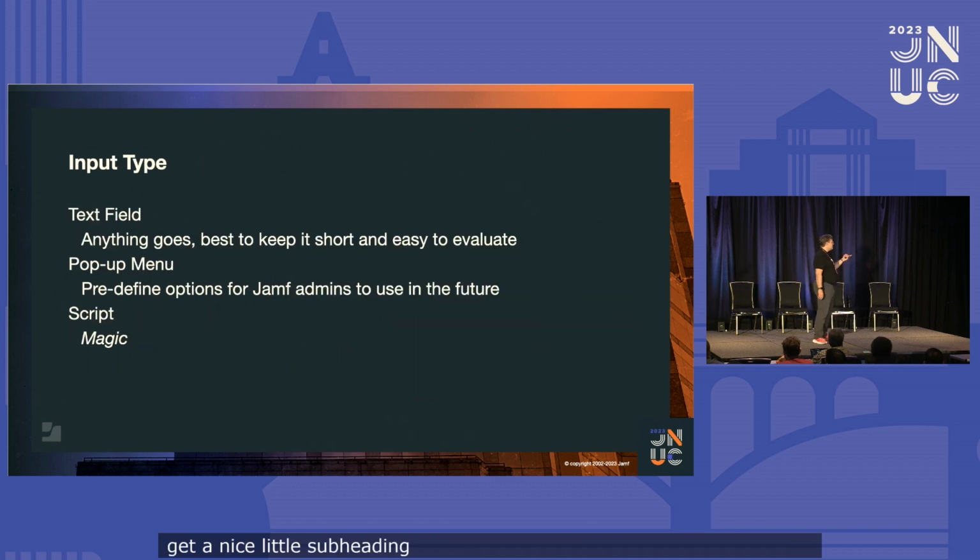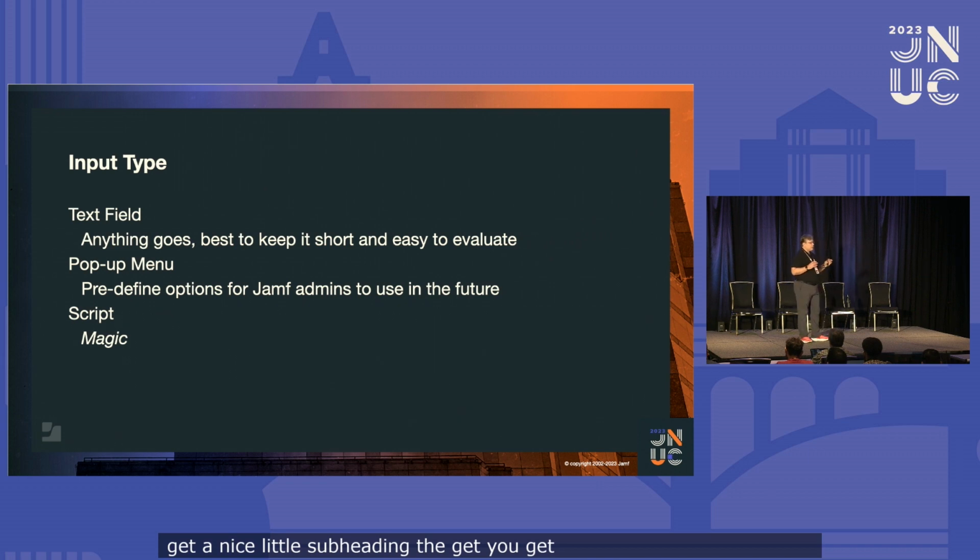Okay. The next is input type. Like we talked about, what you get in each mode, I'm going to leave the LDAP and directory stuff out. You would have to have such things set up, and that's a bigger talk. But the text field, that's anything goes. It's best to keep that short and easy to evaluate. Again, you're going to need to evaluate this to make it useful later when you're setting criteria for scope in smart groups or advanced searches.